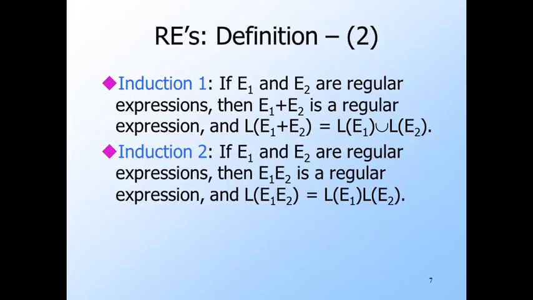We can write one regular expression next to another to denote the concatenation of their languages. That is, E1 followed by E2 denotes the concatenation of the languages that E1 and E2 denote. As we shall discuss in a minute, we sometimes need parentheses to group expressions properly. So in some circumstances, we need to put parentheses around E1 and or E2. So we might, for example, see something like that.